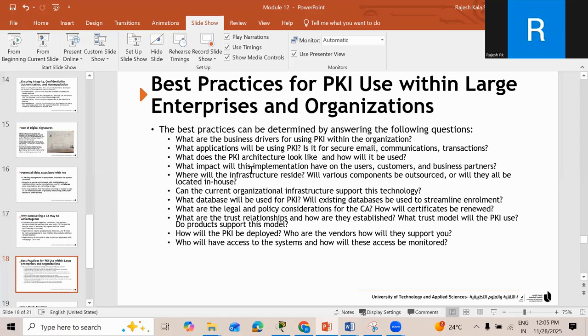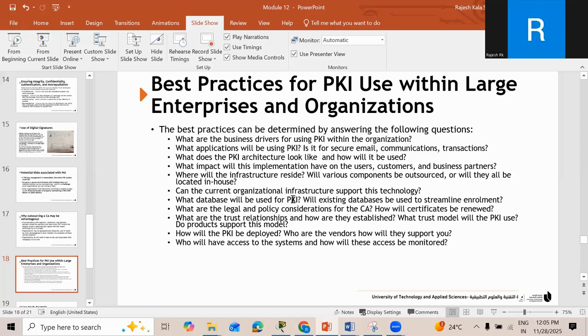Then what impact will it make on users, customers, and business partners? Whenever you make a PKI, how is it going to impact the users, the customers, or business partners? Where will this PKI reside? What storage location are you going to keep it in? Whether you are going to outsource this or make it yourself in-house.